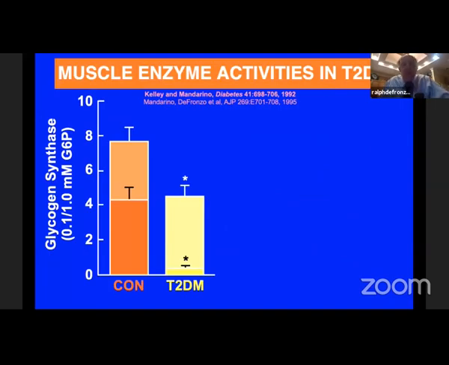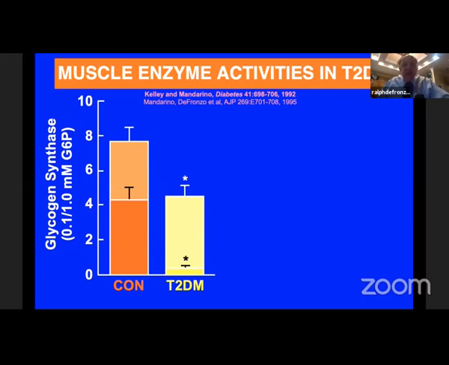When Dr. Larry Mandarino was a faculty member here at the University of Texas, we carried out studies where we did muscle biopsies in people with type 2 diabetes, and we measured glycogen synthase activity in healthy control subjects, orange, and in type 2 diabetics in yellow.